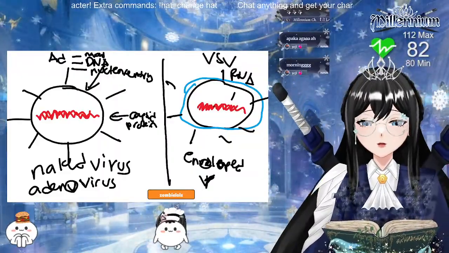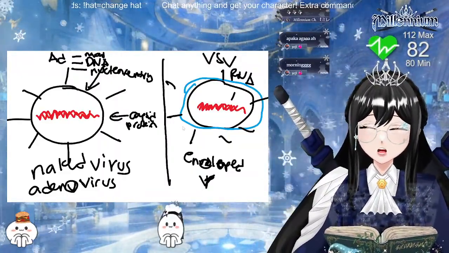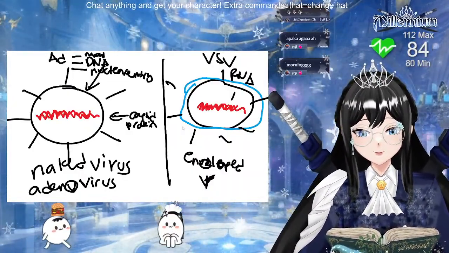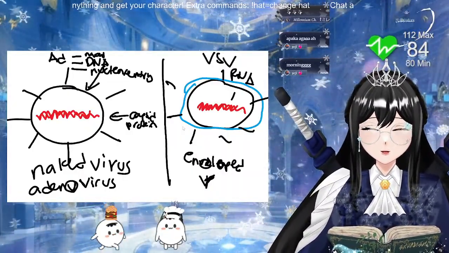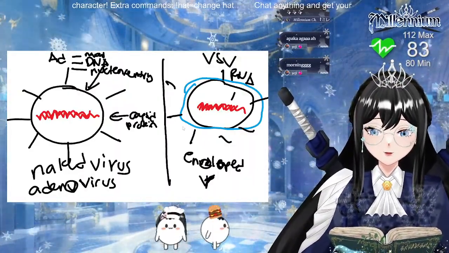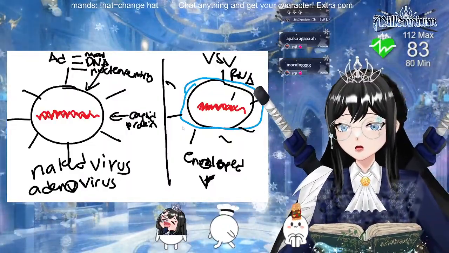It has an envelope outside, and many types of viruses infect animals, because animal viruses vary widely. Adenovirus and rota, again, they're naked, meaning they lack the lipid envelope. Meanwhile, herpes and influenza are enveloped.